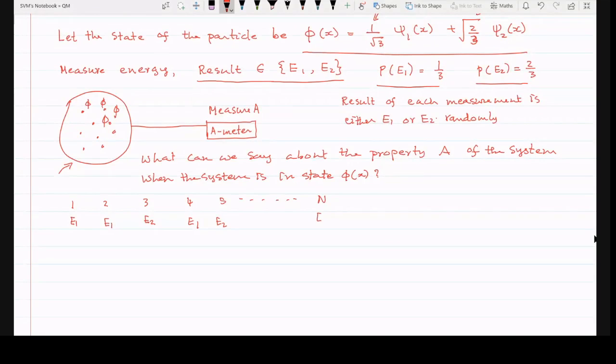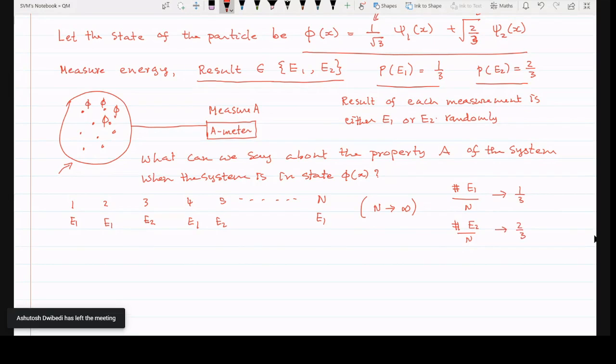So the result is going to be either E1 or E2. But if you do this exercise in the limit where n is a very large number, then the number of times E1 comes divided by n should go to 1 by 3. The number of times E2 comes divided by n should go to 2 by 3. In this limit, this should happen.